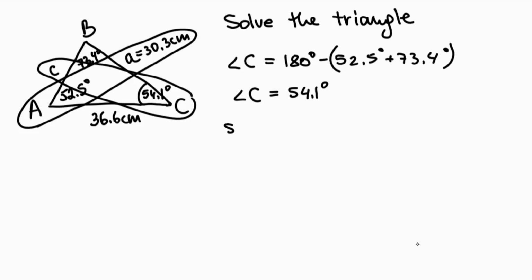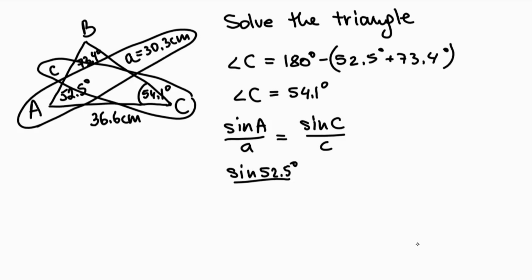So sine of angle A over side length A equals sine of angle C over side length C. So sine of 52.5 degrees over 30.3 centimeters equals sine of 54.1 degrees over the C side length.